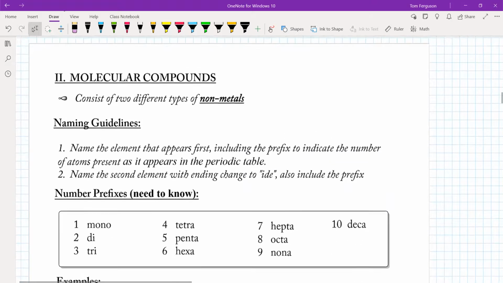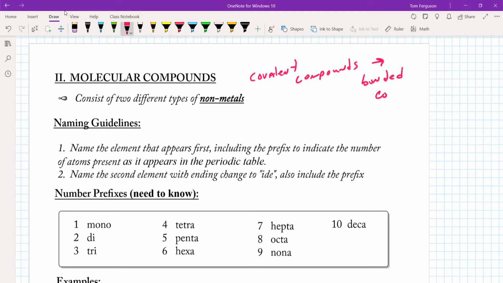Now, molecular compounds are covalent compounds, that are bonded covalently. They're the non-metals.